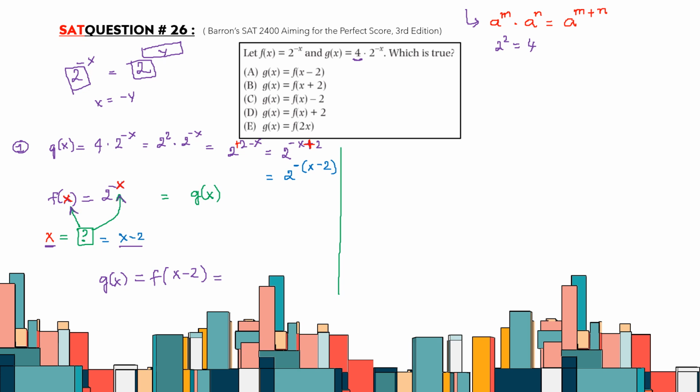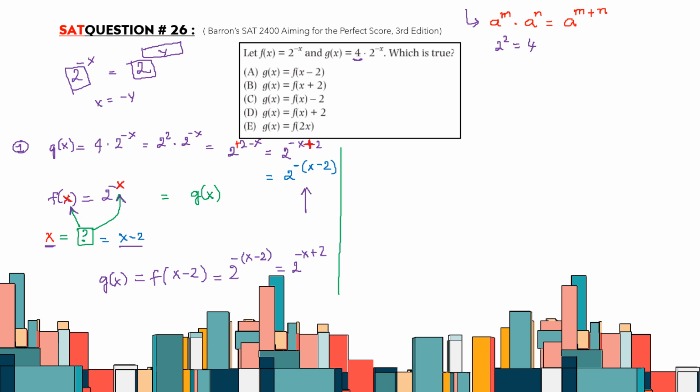So that will be equal to 2 to the power of minus x, and x equals x minus 2. Now that is equal to 2 to the power of negative x plus 2, which is the same thing as we just saw up here.